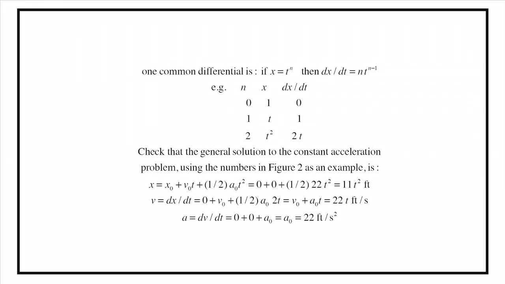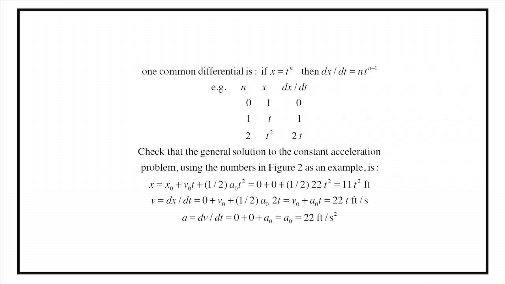So in other words, we have now x is equal to 11 t squared feet. And so if we want to get the velocity, we take dx dt, the derivative of x with respect to t, using that information in just the top line, we can write down that very quickly. And that is what's shown in this line just above the second line from the bottom.